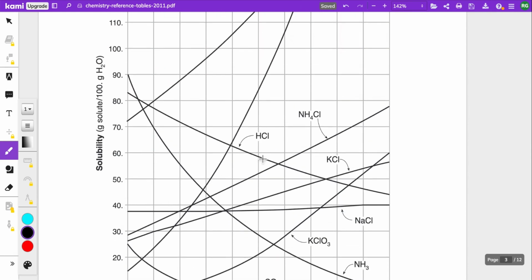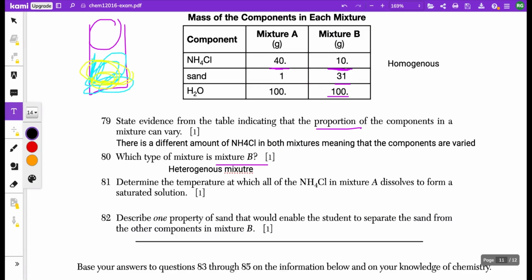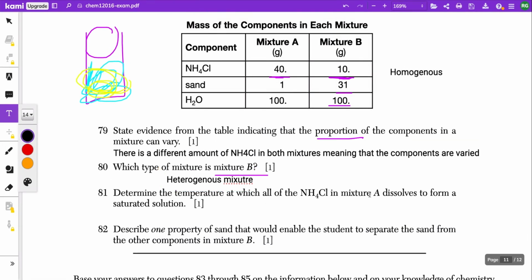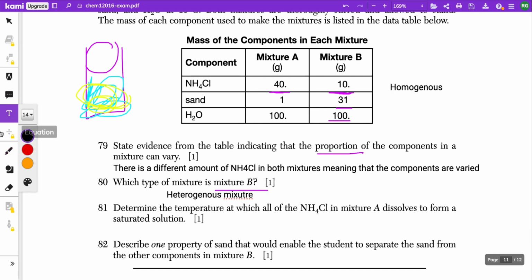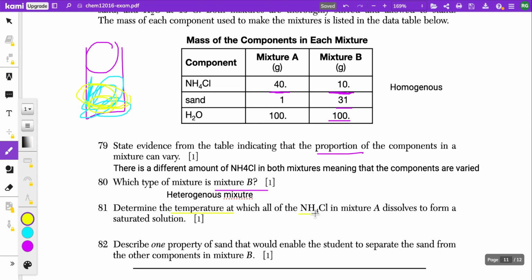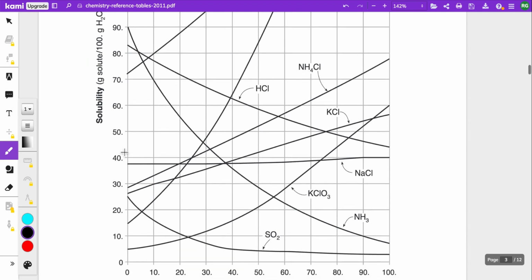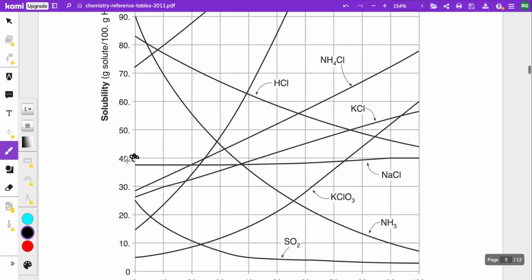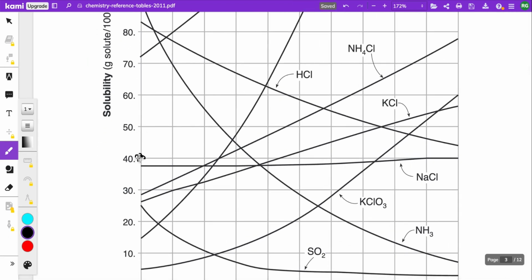Now, any point on the line means that you're saturated. In this case, we have to find out from a saturated solution in mixture A. Okay, so determine the temperature when mixture A dissolves to form a saturated solution, and you have 40 grams of it. So let's say we have 40 grams of it, and we're going to see when our point reaches the line.